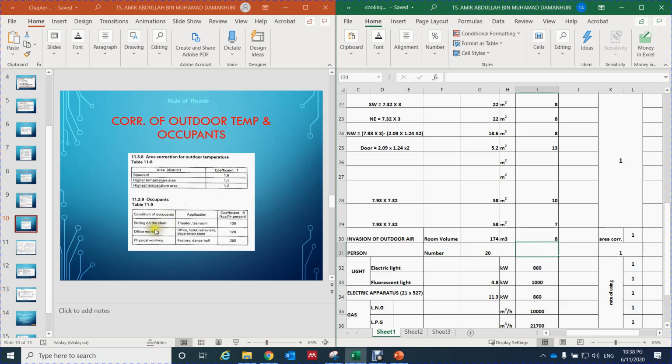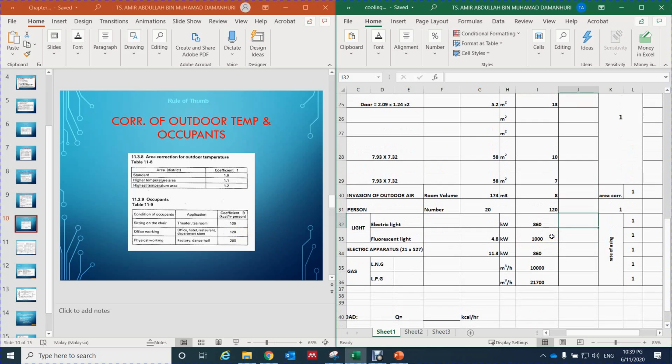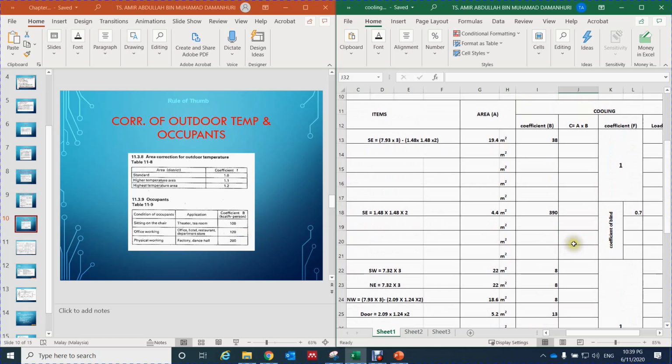We can either choose office working or sitting on the chair. Since it is a computer lab, I believe it is proper we select office working, since it's working with a computer, right? It is better because the estimated load is higher compared to the lower one. So for the person, the coefficient of B here will be 120. Alright, so we have completed the B part.